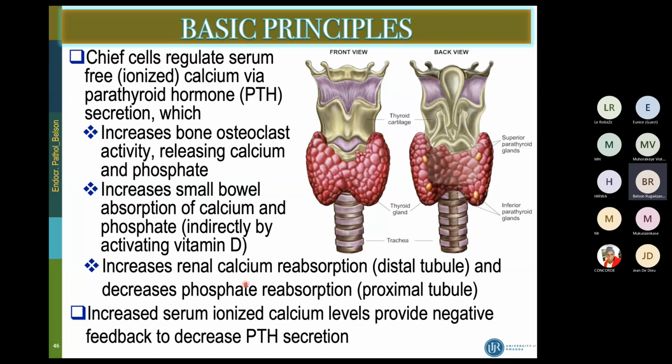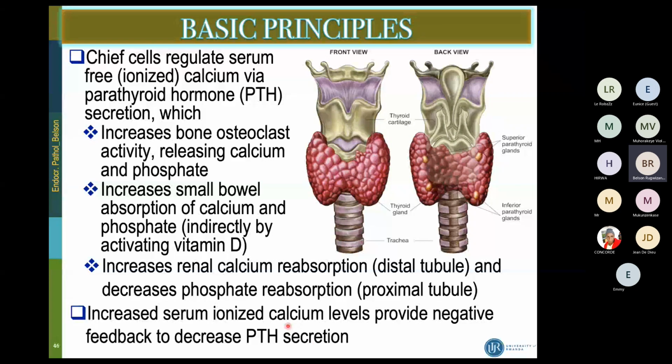Increased serum ionized calcium levels provide negative feedback to decrease PTH secretion. Another thing I want to say is that usually when there are higher phosphates, the calcium goes down. Probably that's why, to ensure that calcium is enough in the blood, PTH will also decrease phosphate through urinary filtration.